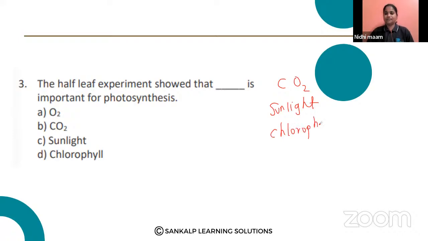We have various experiments which prove these. In the same way, the half-leaf experiment showed which important factor for photosynthesis: oxygen, carbon dioxide, sunlight, chlorophyll? What is your answer on this?